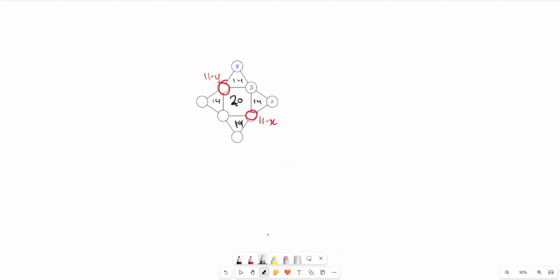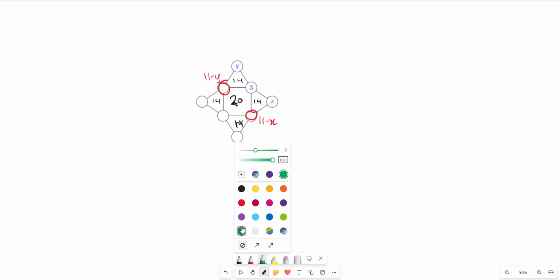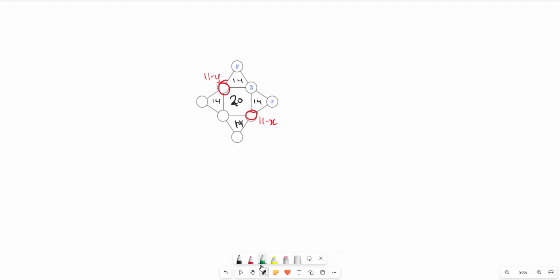We'll move on here. We already know 3 out of the 4 corners of this 20 square. So we just need to find this corner. We can just use the same technique, subtracting all the other numbers and variables from this 20.